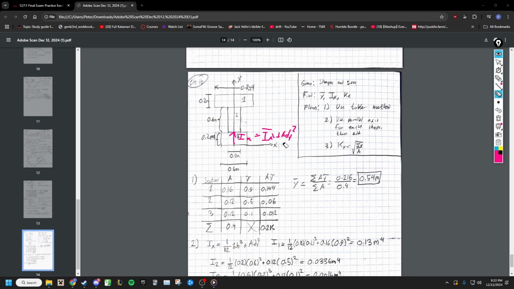So that's why we need to find y bar earlier, as this problem will not be doable without it. For each shape, we find its I of x, and add that to its area times the distance from the centroid.